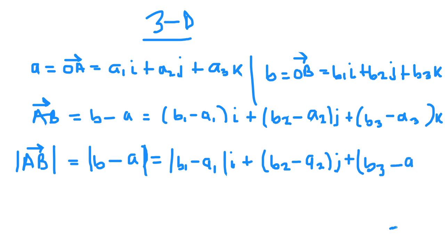This is a k, and then the magnitude of all of it. Sorry, I think there's a mistake somewhere here. Okay, it's a bracket for it. All right. Okay, so this is what we're going to be having as the magnitude of AB.